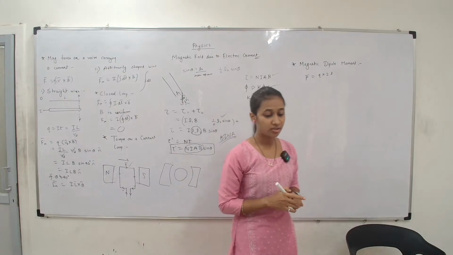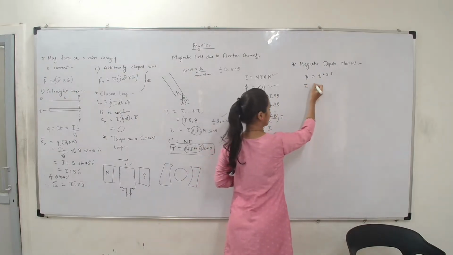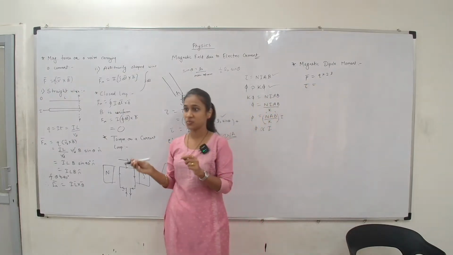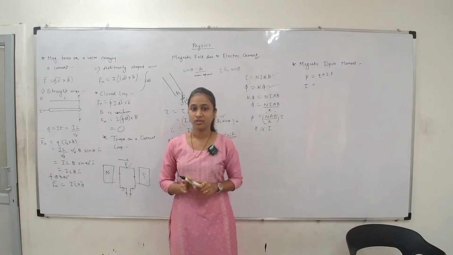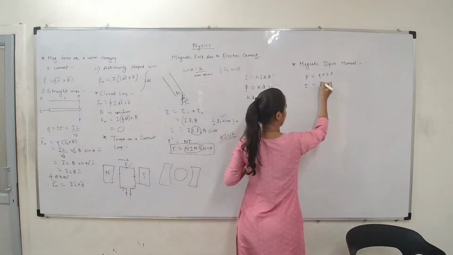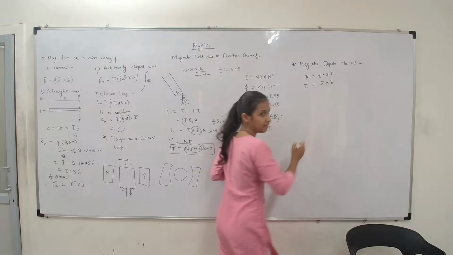Okay. And there was a torque formula, torque experienced by a dipole when the dipole is placed in the electric field. Tau is equal to P bar cross E bar, right?